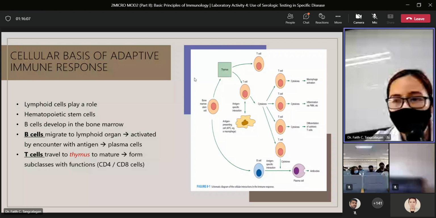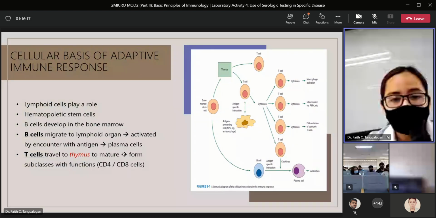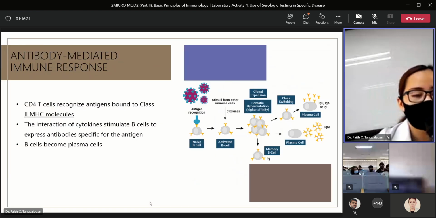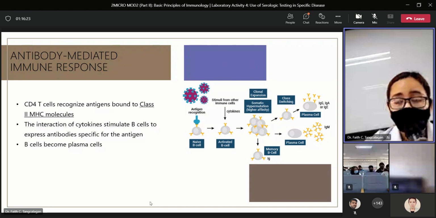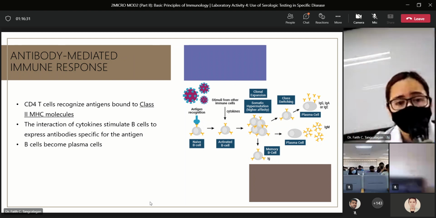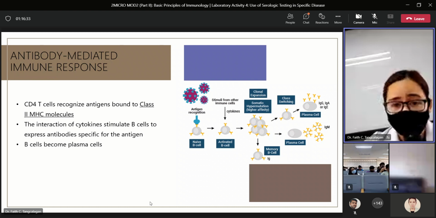These T cells and B cells will be discussed further later. For this time, we're going to discuss first the antibody-mediated immune response. One example is your CD4 T cell.